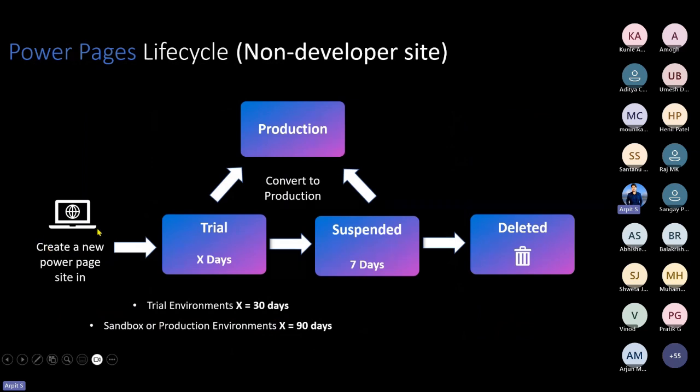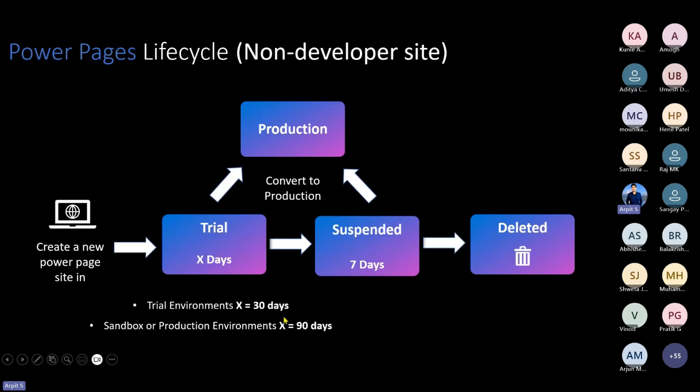Whenever you create a Power Pages site, regardless of which kind of Power Platform environment it is, it is always created as a trial. For how many days this trial will be available depends on your environment type. If it is a trial environment, it will be available for 30 days, and if it is a sandbox or the production environment, it will be available for 90 days.